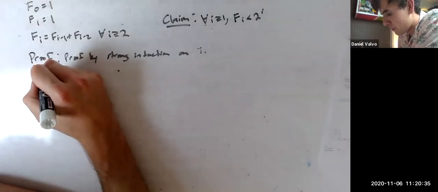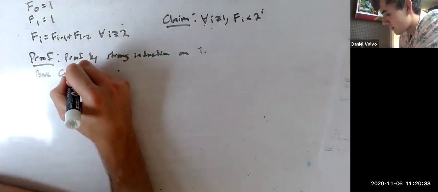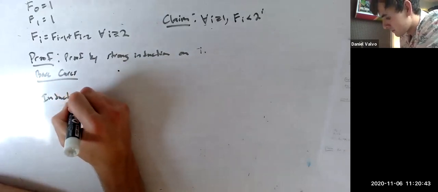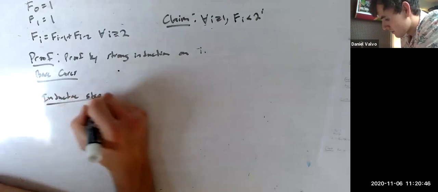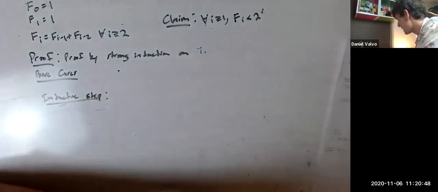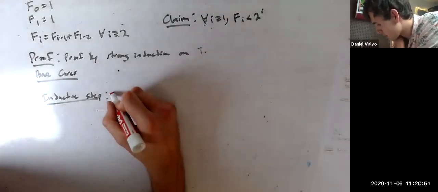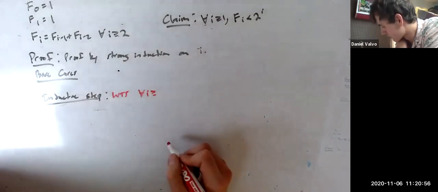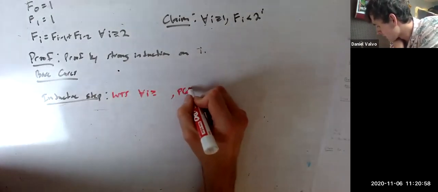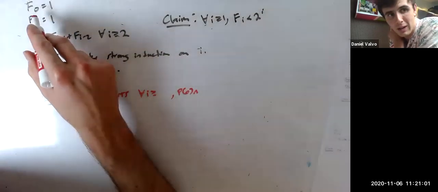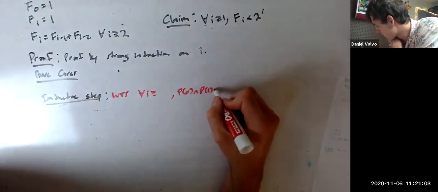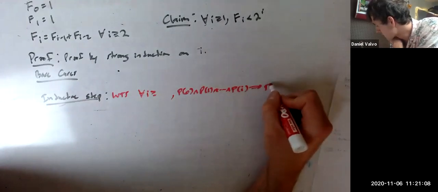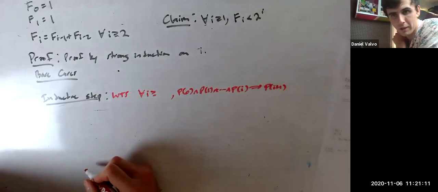So we're going to have our base cases, possibly multiple, and we're going to have our inductive step. And so in the inductive step, we want to show that for all i greater than or equal to something, P(0) and P(1), all the way out to P(i), can be used to show that P(i+1) must logically follow.